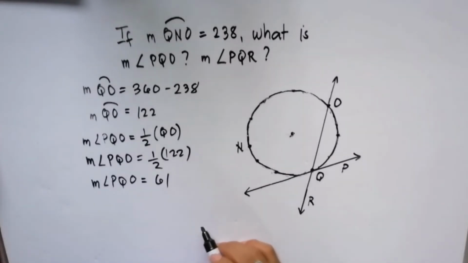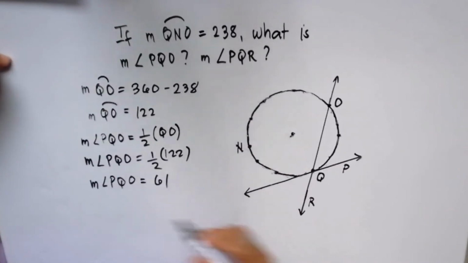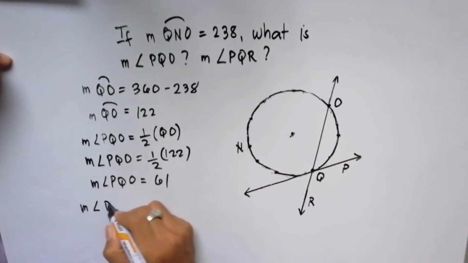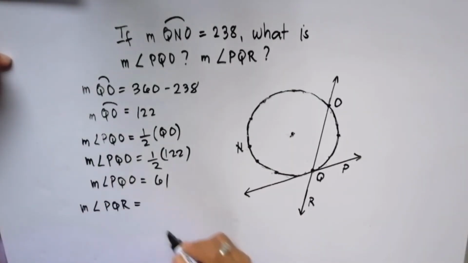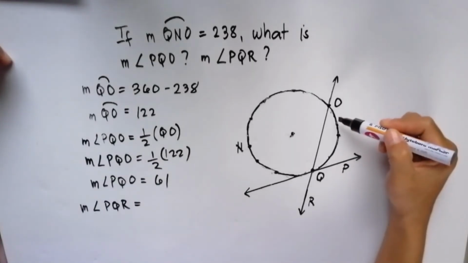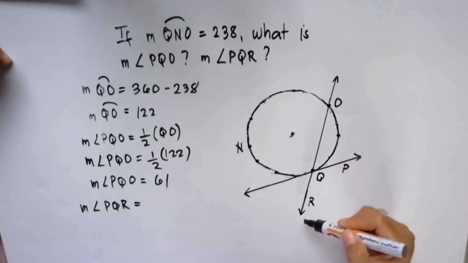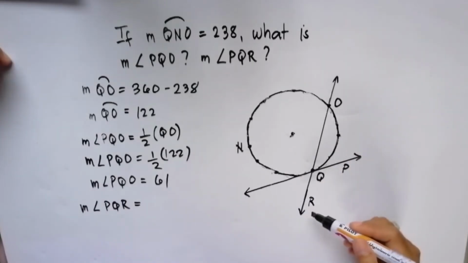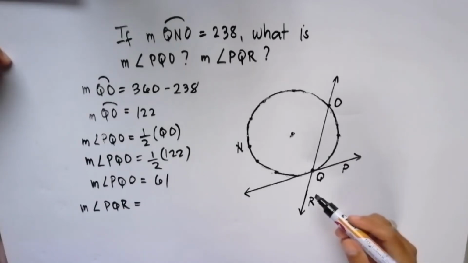Then how about the measure of PQR? The measure of angle PQR. So the line PR, the measure of this line is 180 degrees.